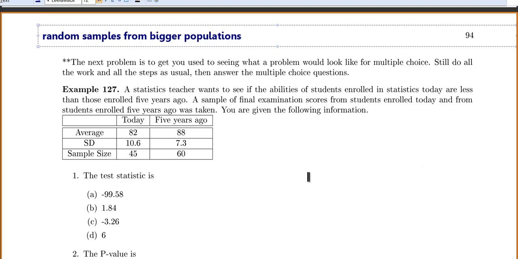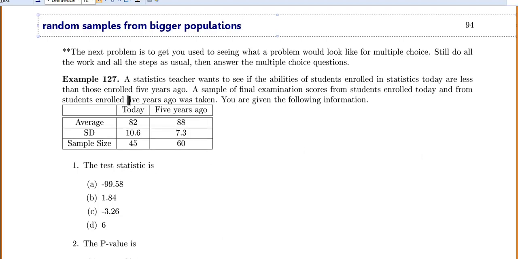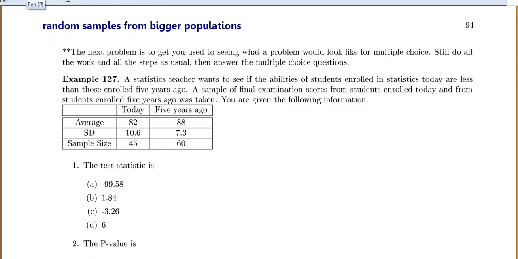For this example, it's written in multiple choice format, so you can get used to seeing it that way. And I gave you all this information in a nice table format. If you remember, the way I like to do these multiple choice problems is I'm going to work everything myself, and then compare it to the multiple choice answers.